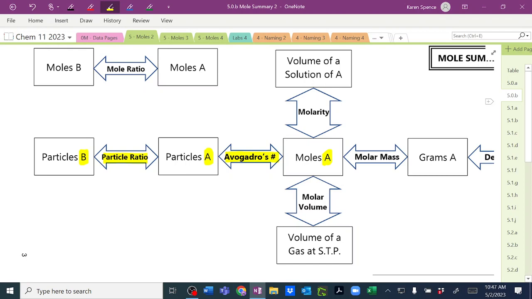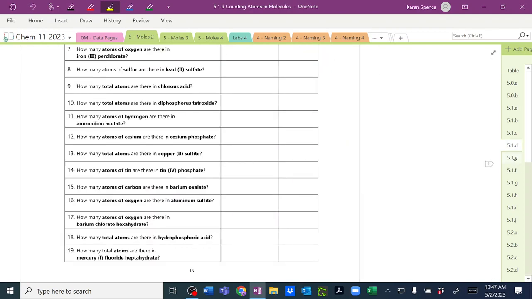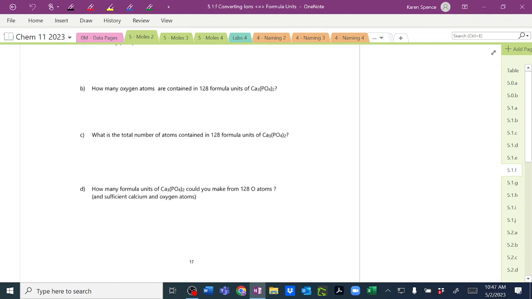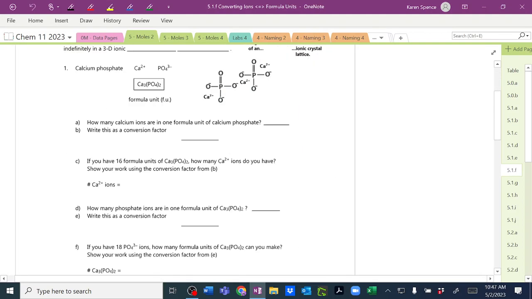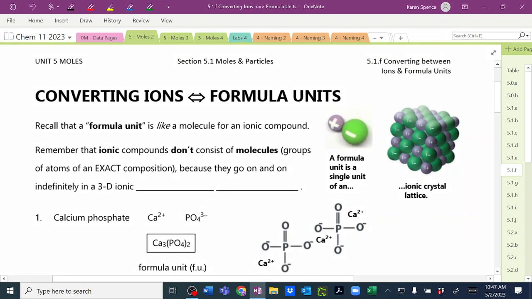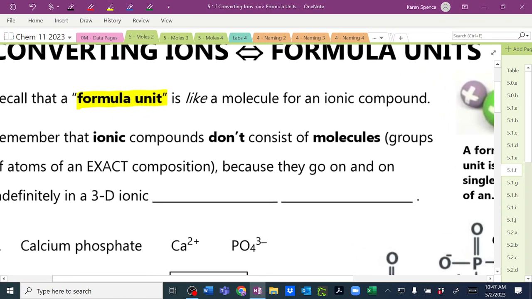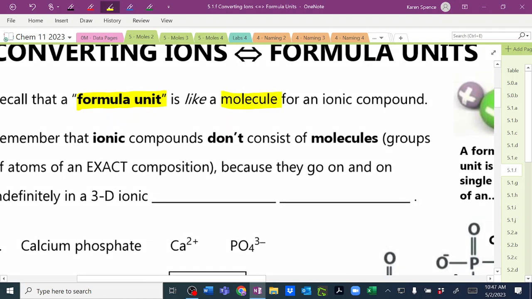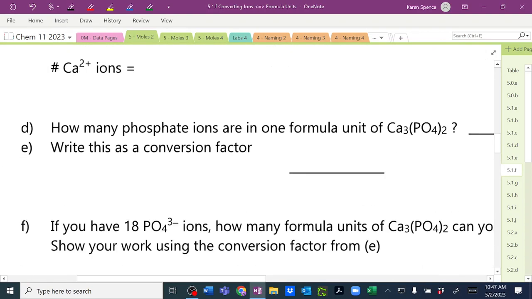So let us go, where are we at now? We did that, we are here. Let's just do a quick look at page 16. Recall that a formula unit is like a molecule. Okay, these two are similar. It's page 16, sorry.